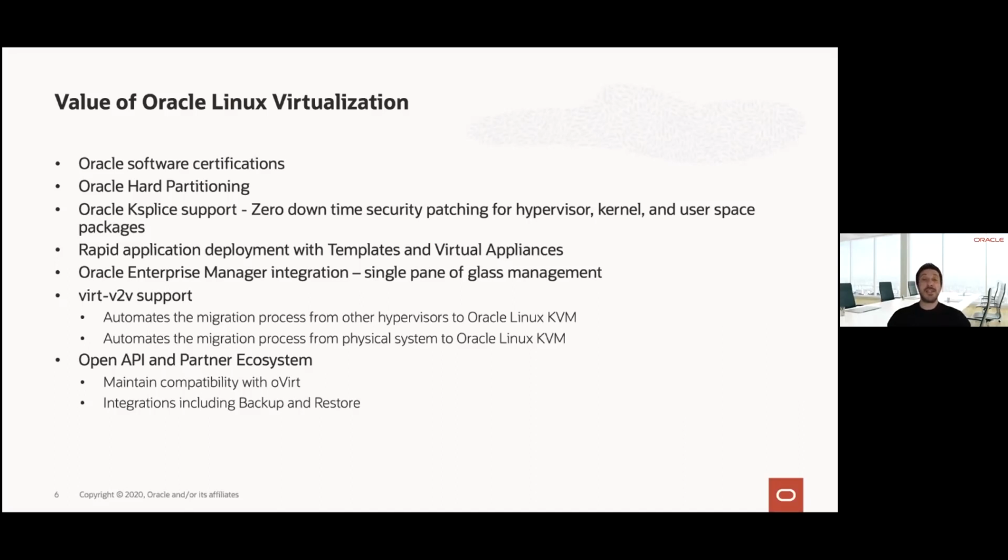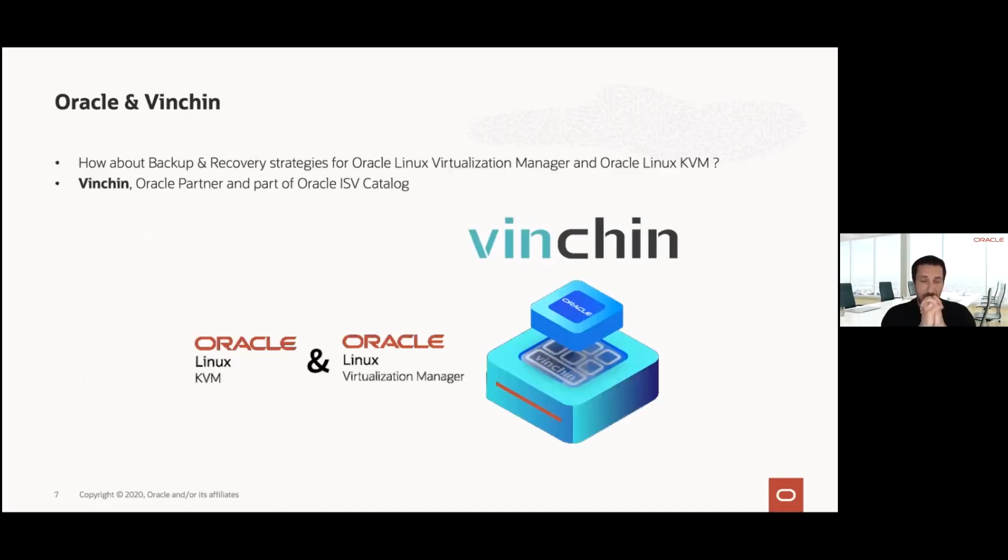That said, when your architecture is in place and when your services are running on top of Oracle Linux KVM and managed by Oracle Linux Virtualization Manager, you are not done, right? At that point, one of the most important topics is really related to the backup and recovery strategies for your services, for your VMs. And so this is why some time ago we started to work and collaborate with Vinchin.